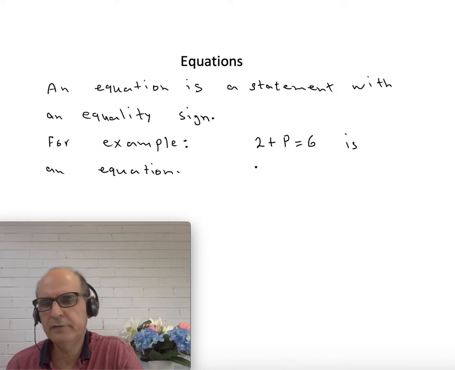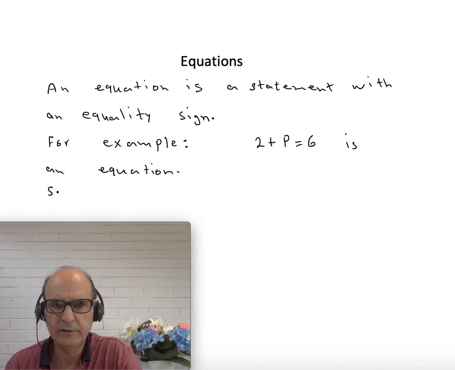All right, now that we know what is an equation, let's see what does solving an equation mean. So solving an equation means finding the value of the pronumeral in the equation so that the equation is correct.